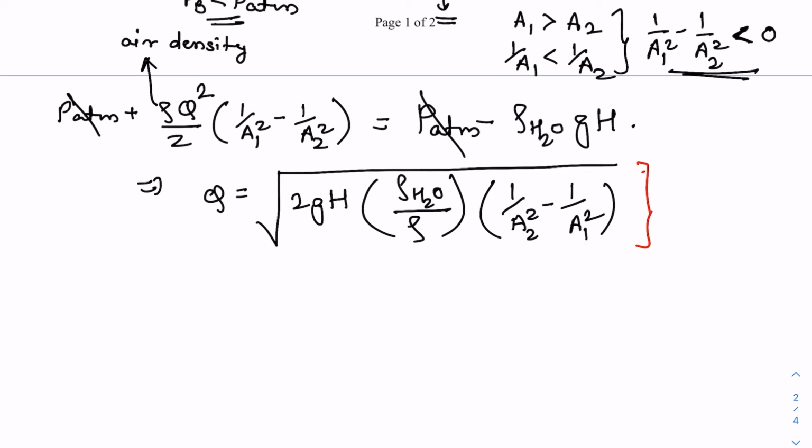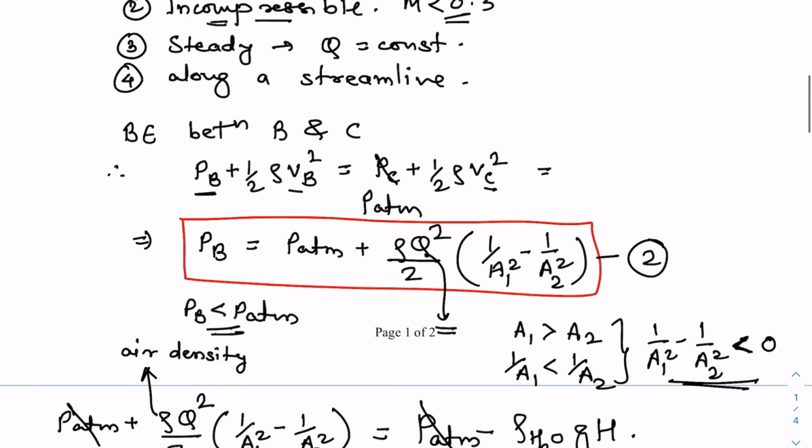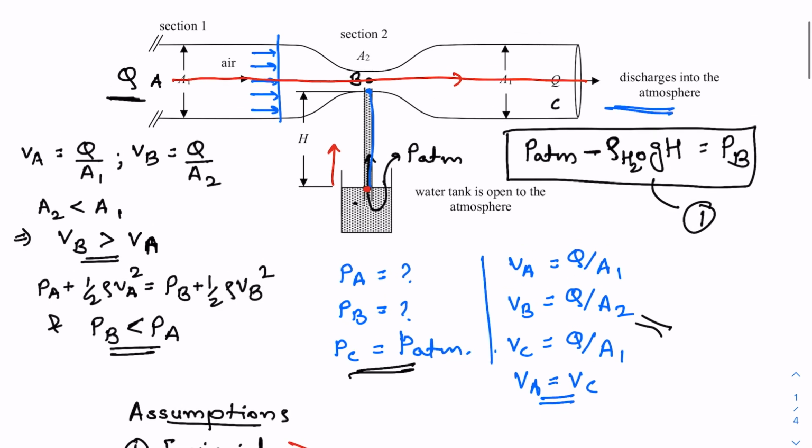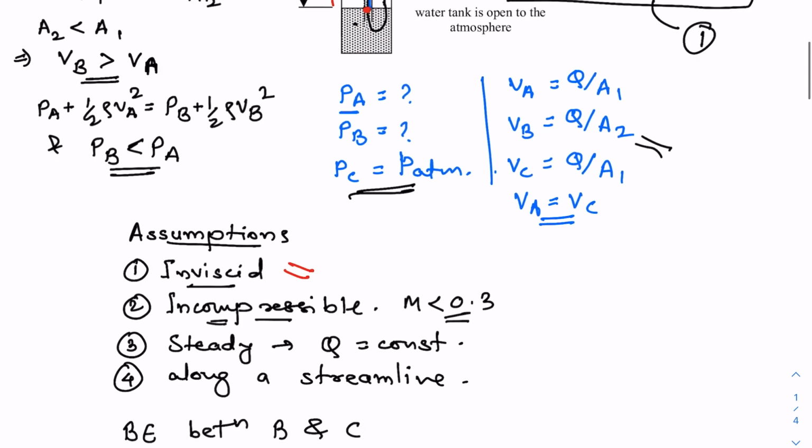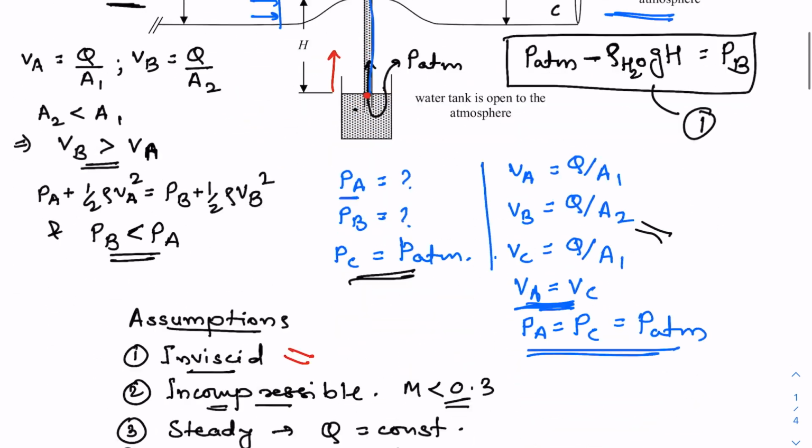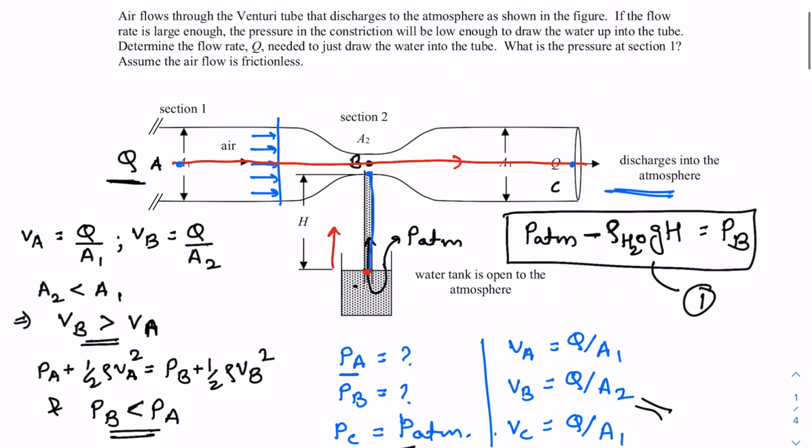And also, we can determine the pressure at A now by simply applying Bernoulli's equation between points A and point C. And since velocity at points A and C are equal, the pressure at points A and C will also be equal, which is equal to P atmosphere.